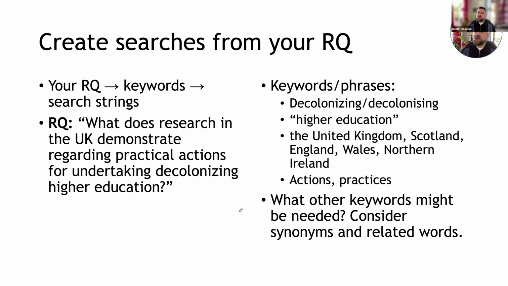This can take some time depending on your topic, because if you're so involved in your topic, you may not consider certain words or terms and you may overlook them. But again, this is where your subject librarian can help you, and of course your supervisor and colleagues. So it's a very good idea to chat with your colleagues about your research question and how it can be broken down.